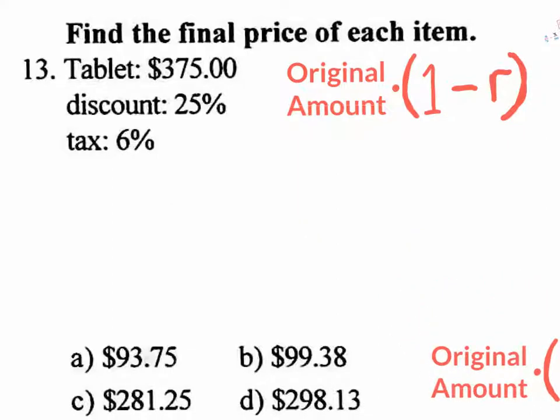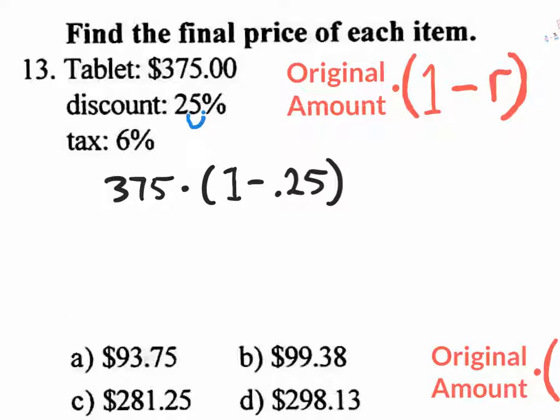This is what we're going to set up. There it is. Original amount, 375, multiplied by, open up some parentheses, 1 minus 25%. That's the rate, but you want to write this percent as a decimal. So imagine that there's a decimal at the back and move it 1 space, 2 spaces. That's why you end up with a decimal in the front, 0.25.